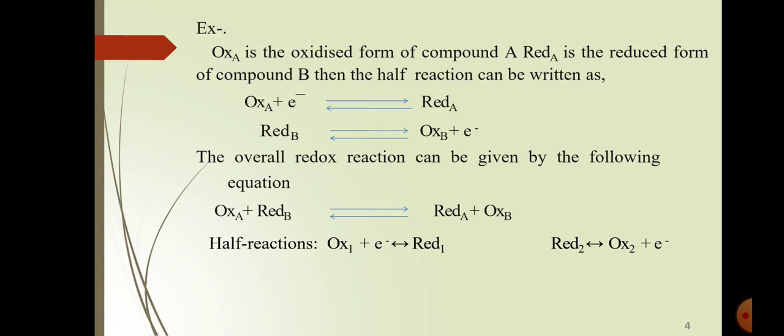Half reactions: OX1 plus electron reversible sign red 1, red 2 reversible sign OX2 plus electron.